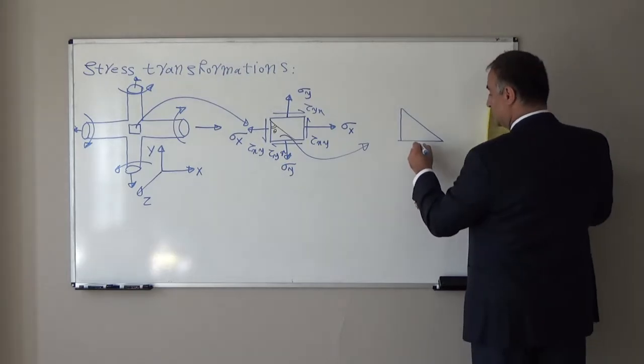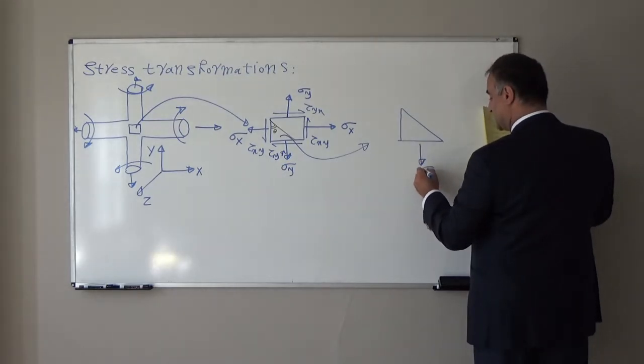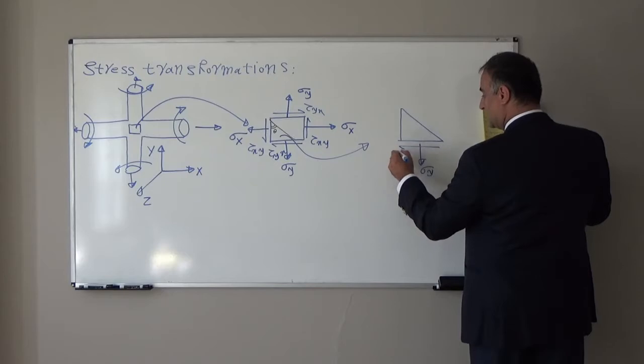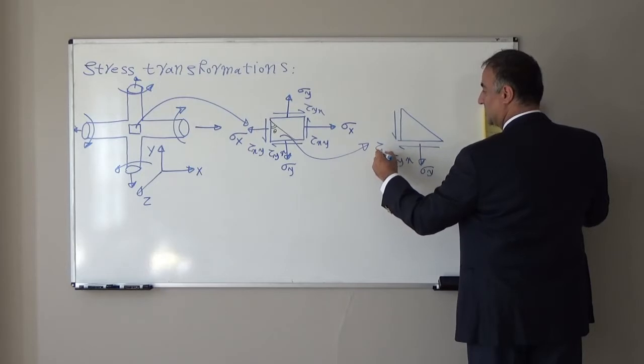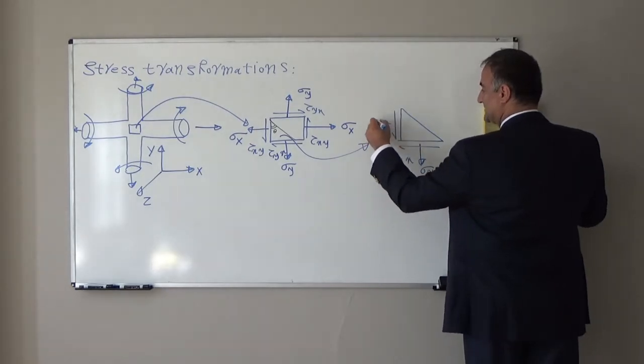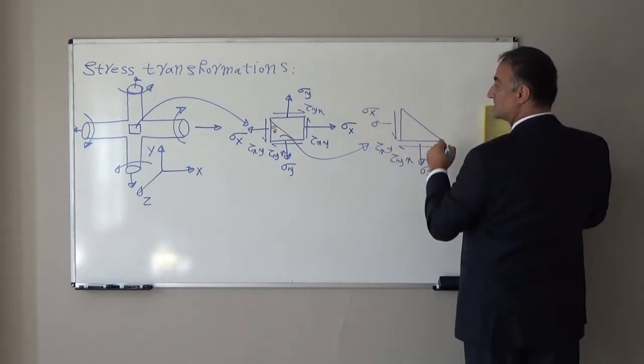Here we have sigma y, tau yx, tau xy, and sigma x.